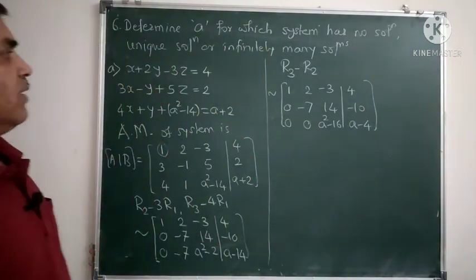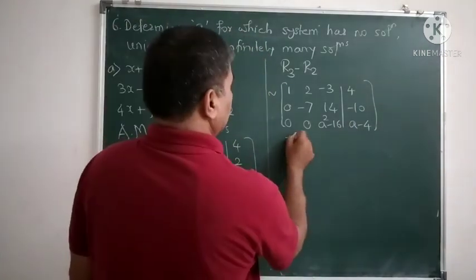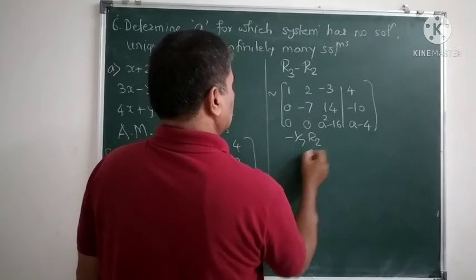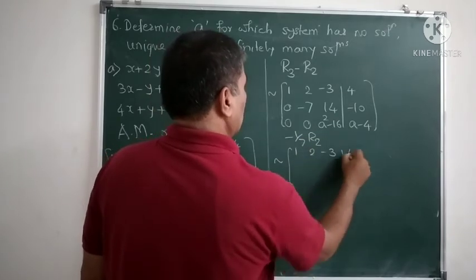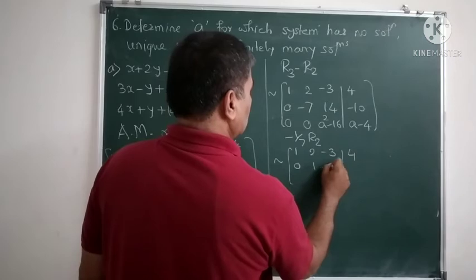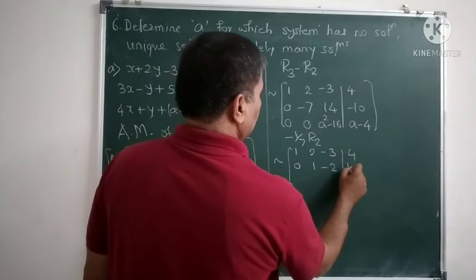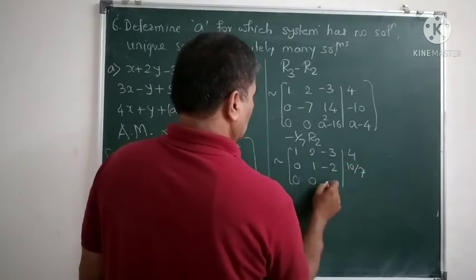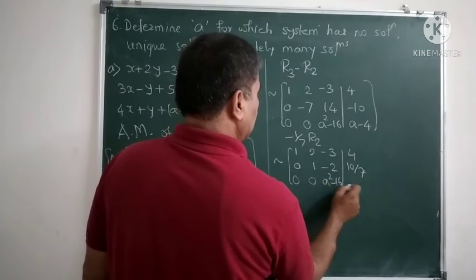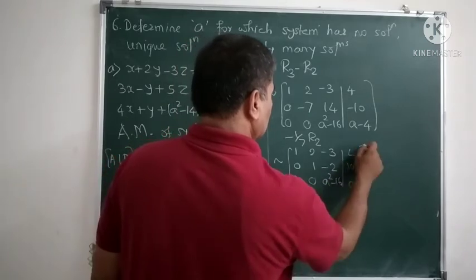Okay, and minus 1 by 7 R2 gives us 1, 2, minus 3, 4; 0, 1, minus 2, 10 by 7; and 0, 0, a square minus 16, a minus 4.